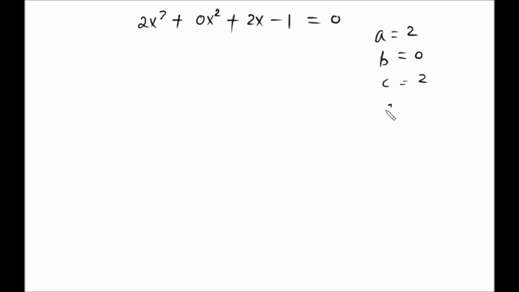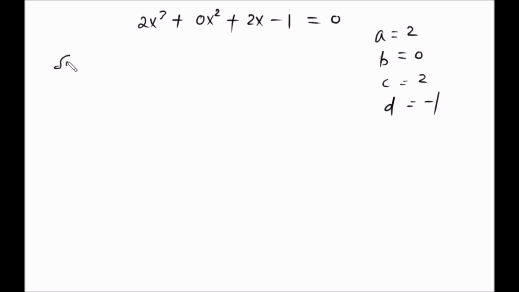It is 2x cube plus, we put 0x squared plus 2x minus 1 equal to 0. So here now our a is 2, our b is 0, our c is 2, our d is -1, because it is ax cube plus bx square plus cx plus d equal to 0.